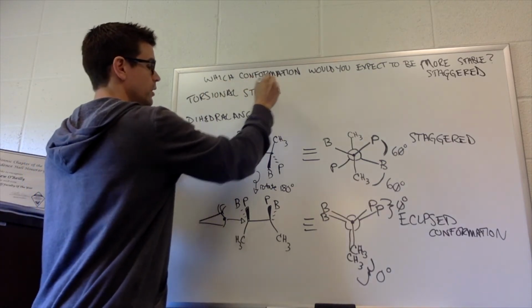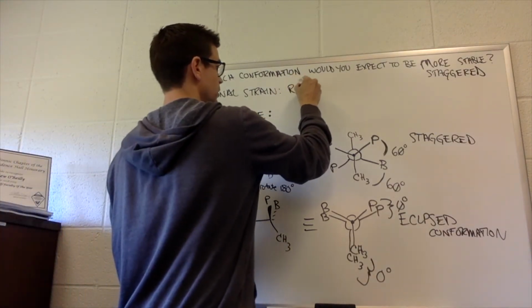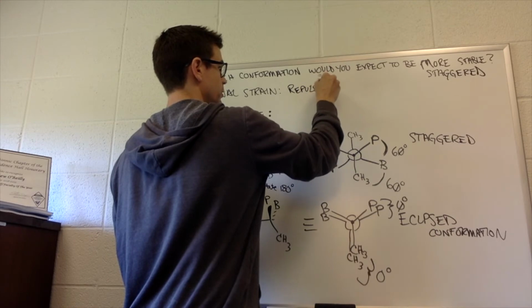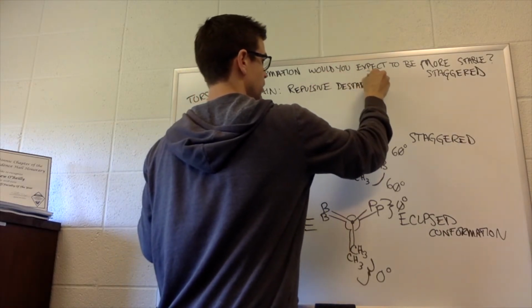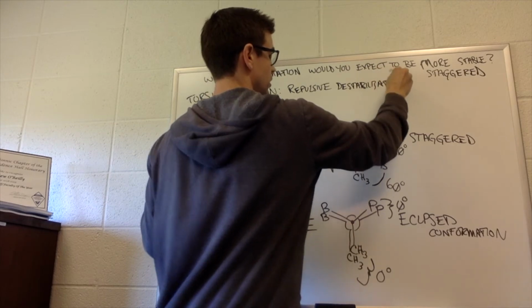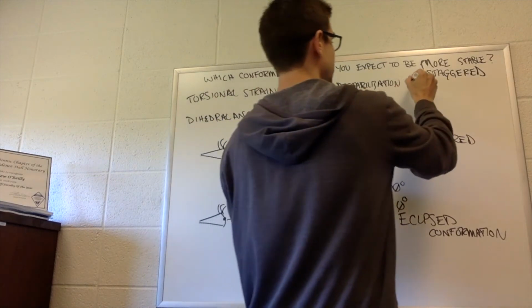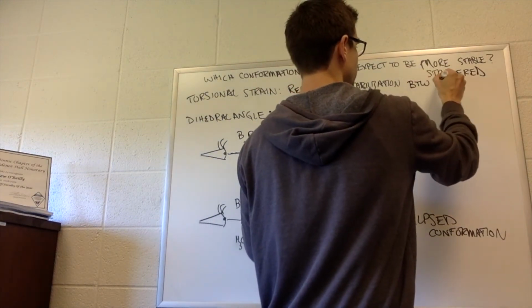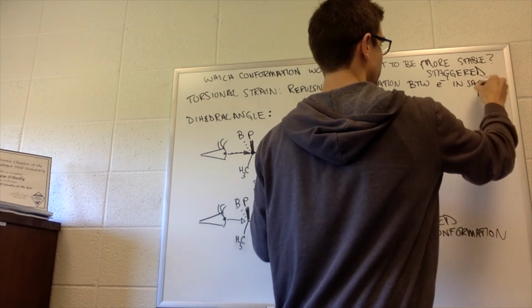Torsional strain is repulsive destabilization between electrons in the same plane.